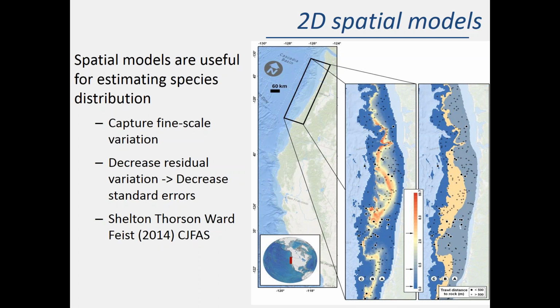In this paper, which I love because the co-author Blake Feist made these beautiful graphics, we fit a spatial model to fish density from one of the surveys we've looked at. The one we looked at was canary rockfish, and in this case we looked at dark blotched rockfish.